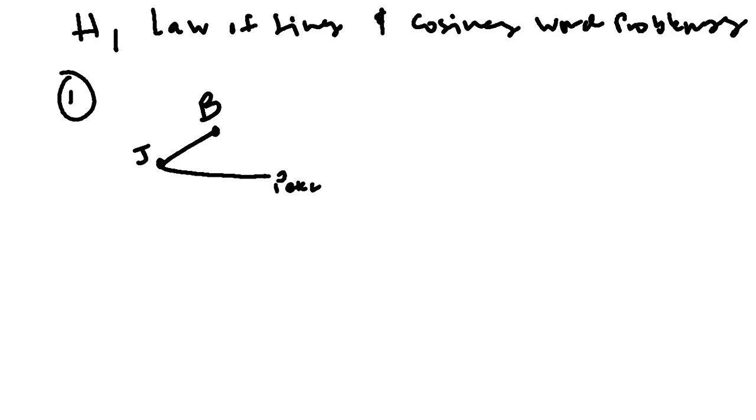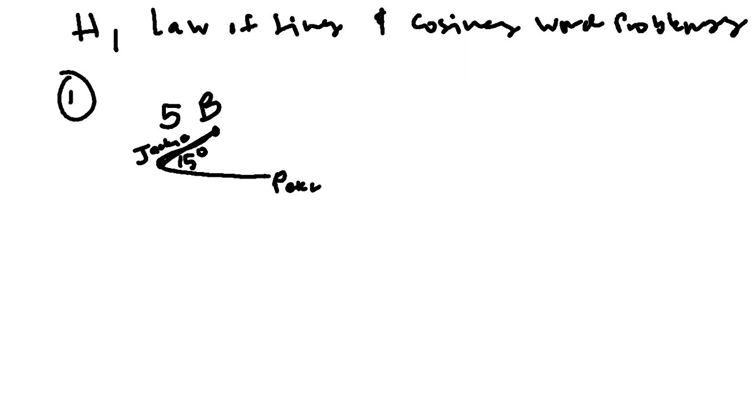She spells her name Jacke, and I'm just going to make up that B. All right, they skate at an angle of 15 degrees apart. So the angle that Jackie and Peter make is 15 degrees. It says Jackie skates for 5 meters. So Jackie skates for 5 to this point, and Peter skates for 7.